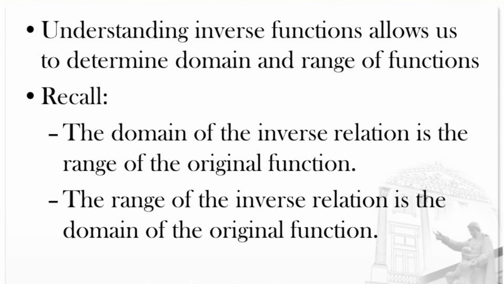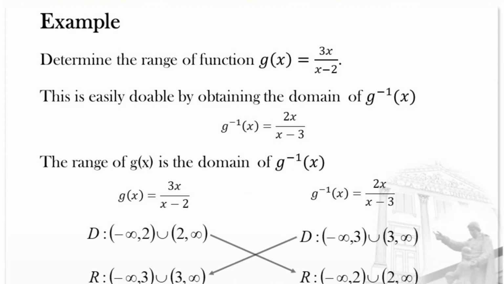Determine the range of the given function, 3x over x minus 2. This is easily doable by obtaining the domain of the inverse function of the original function. The inverse function will be 2x over x minus 3. The range of the original function is the domain of your inverse function.